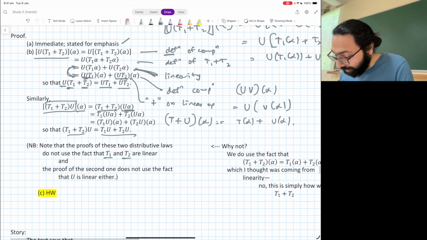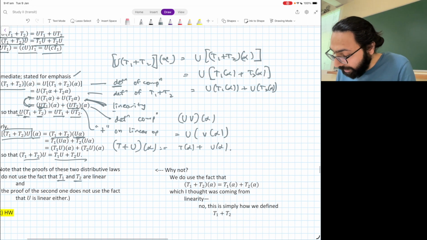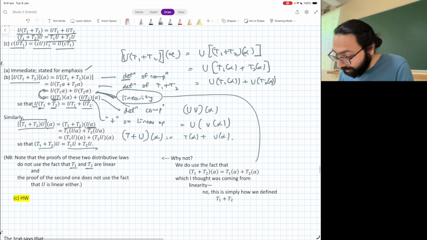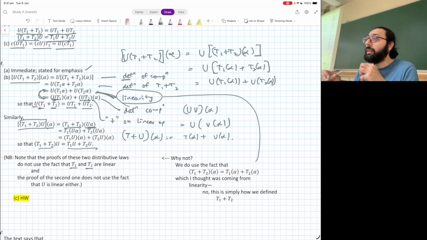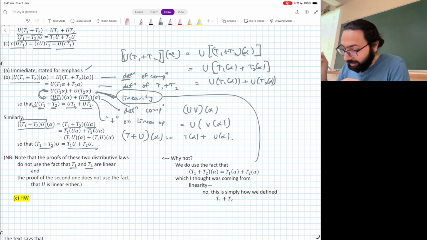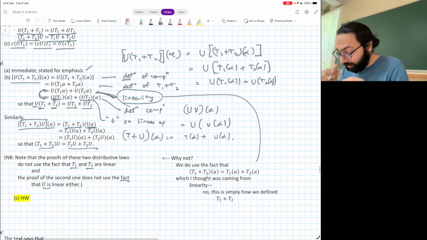Okay, so then I got something really wrong. Here I claimed that we're using linearity. It says we do not use it, so I probably got confused myself. Linearity of U, that is true. The second one does not use that fact. Good, that's a good point.